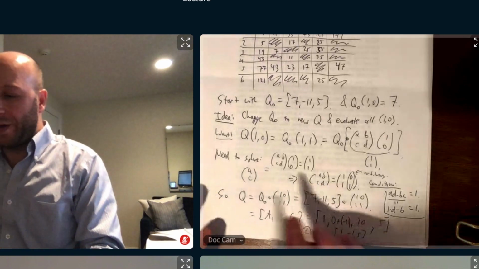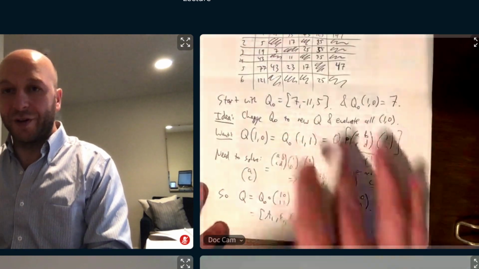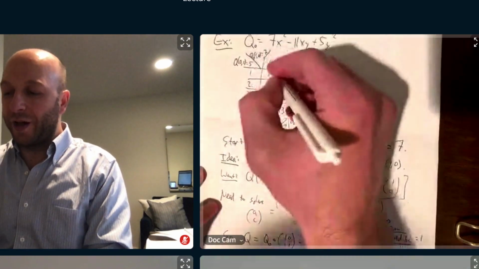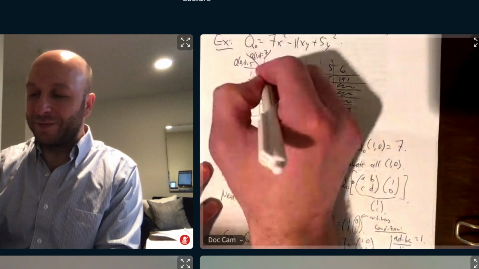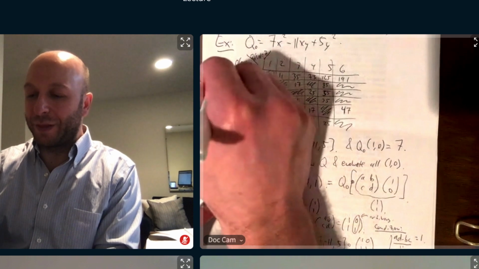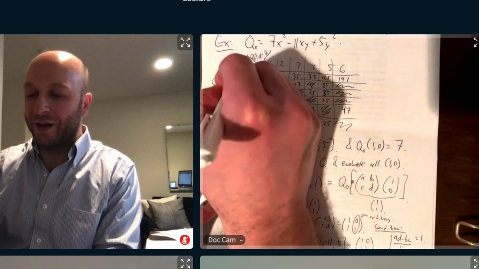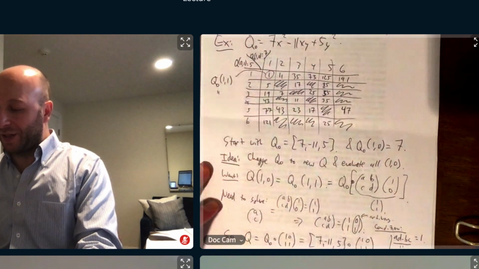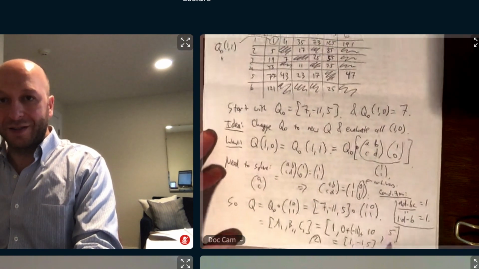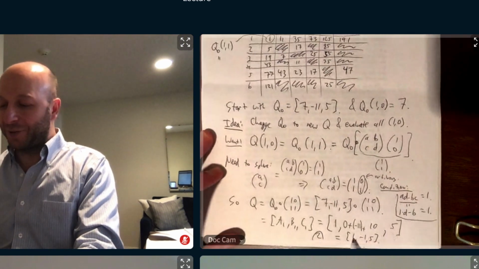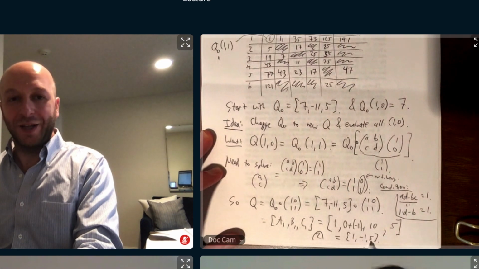So what we've done is we've recovered this value 1. Instead of writing it as Q of 1, 1, so this originally we thought of as Q0 at 1, 1, but actually now it's the quadratic form x squared minus xy plus 5y squared.